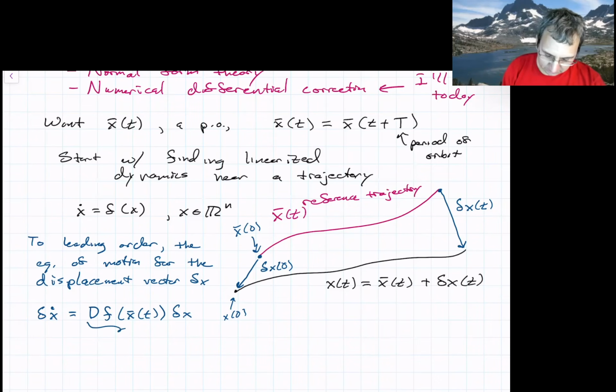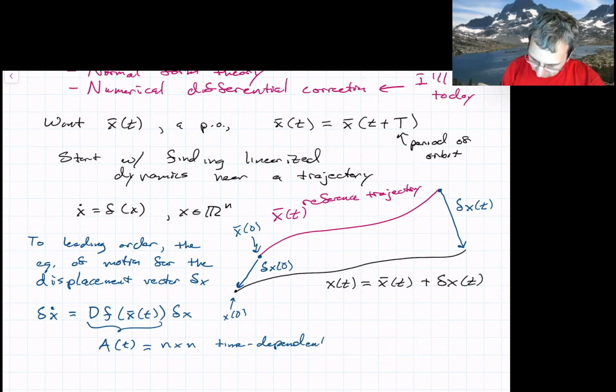So this is a time-dependent matrix, and it's n by n, so this is an n by n time-dependent matrix that we usually obtain numerically. You can't typically get this analytically.